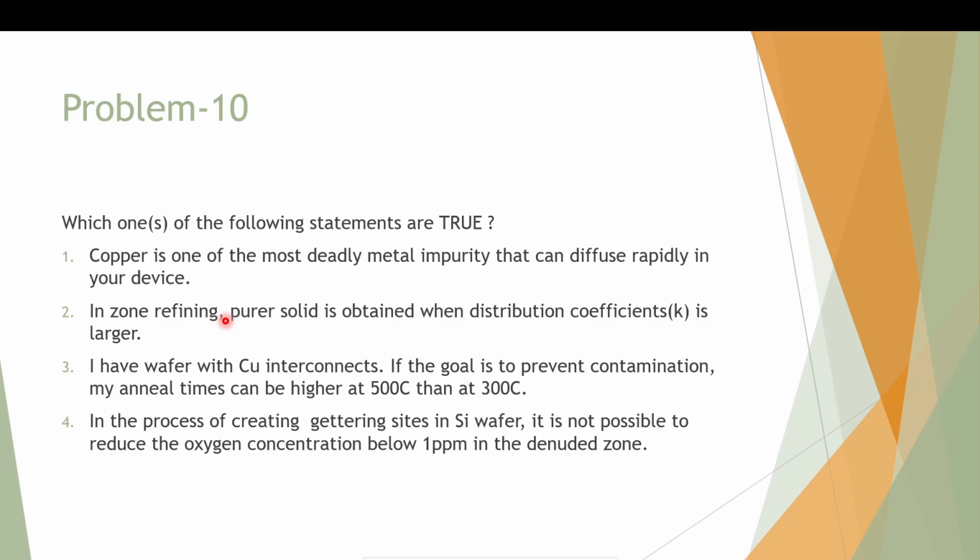So usually they'll try to out-diffuse this oxygen. Gettering is a process of removing impurities. I have a silicon wafer where the top layer is my active layer and the bulk is not active. If I'm able to remove the impurities from the active layer and diffuse them into the bulk, I'm good to go, right?